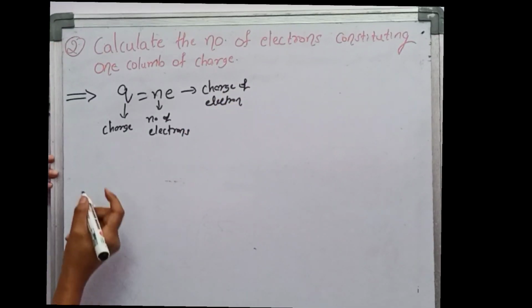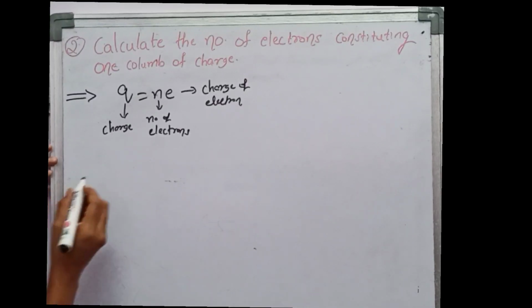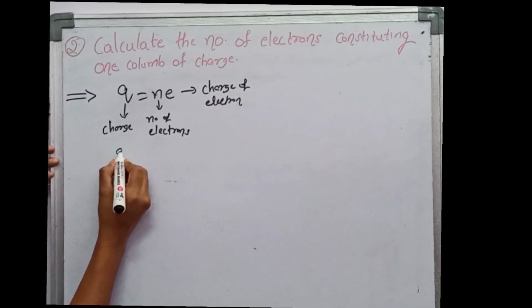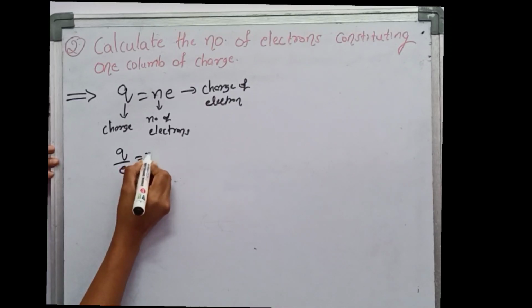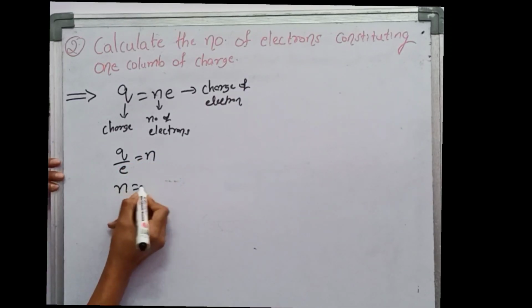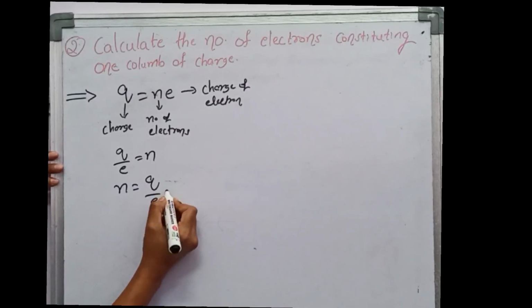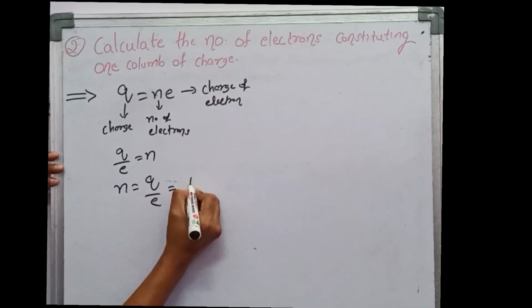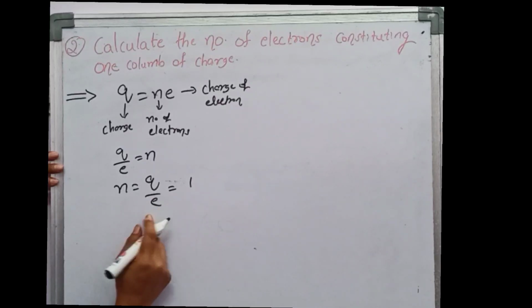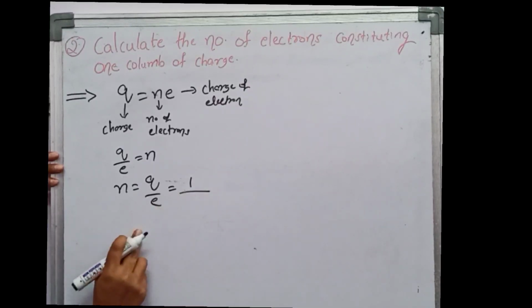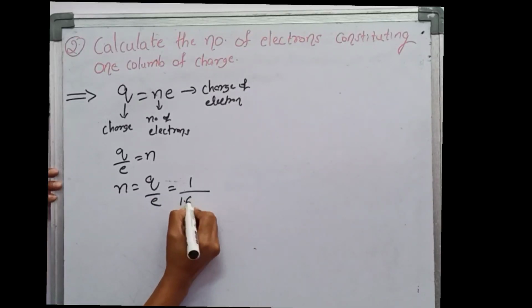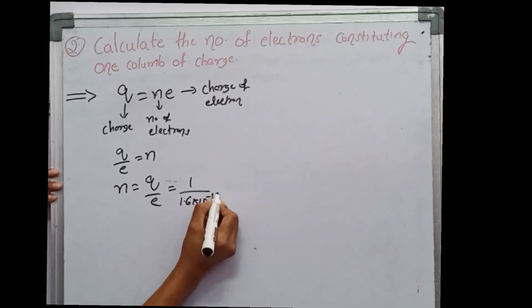What we are supposed to find is the number of electrons, so N equals Q divided by E. They have mentioned 1 coulomb of charge, so I write 1. E is the charge of 1 electron, and we know that value is 1.6 into 10 raised to minus 19.